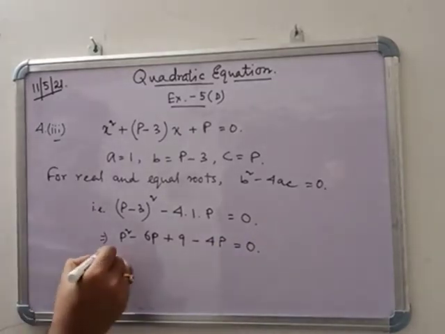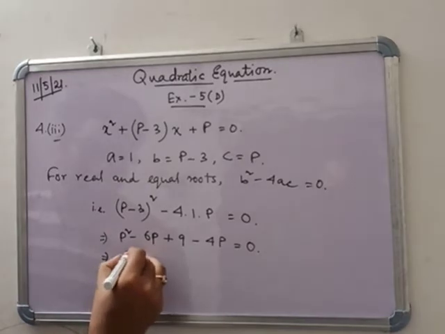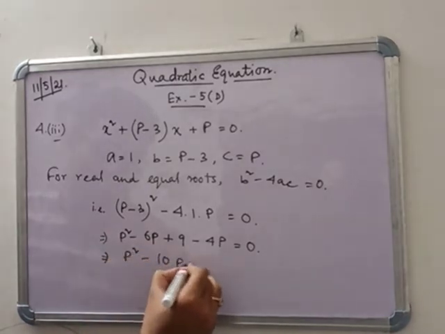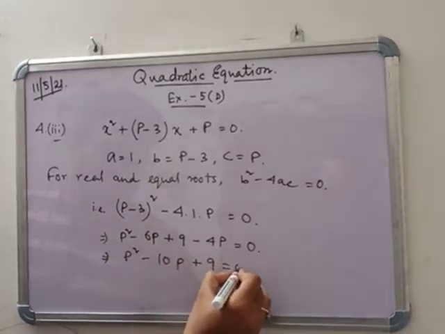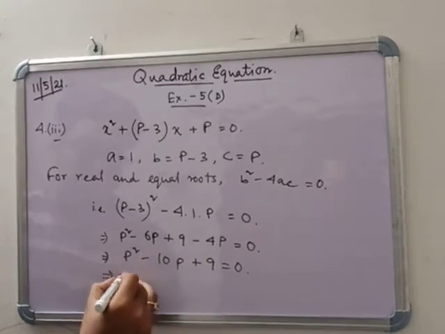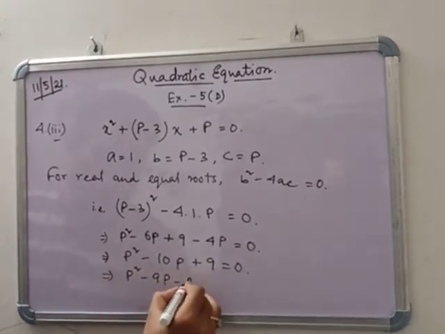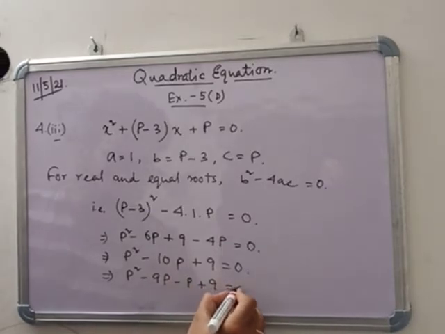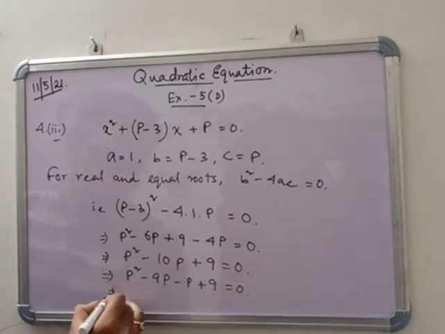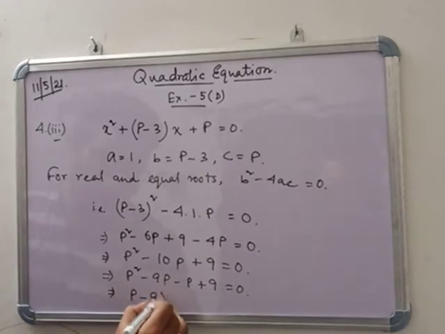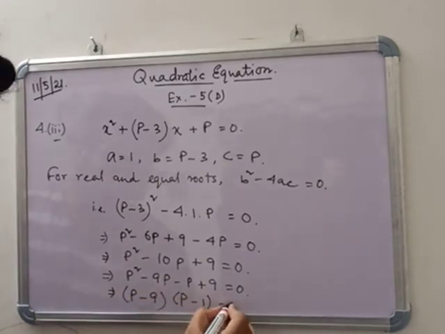Okay, that implies p square minus 10p plus 9 equals to 0. That implies p square minus 9p minus p plus 9 equals to 0. That means p minus 9 into p minus 1 equals to 0.